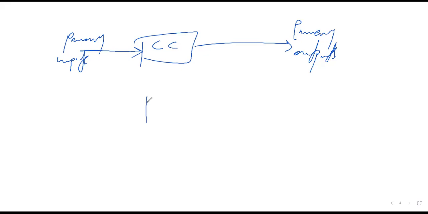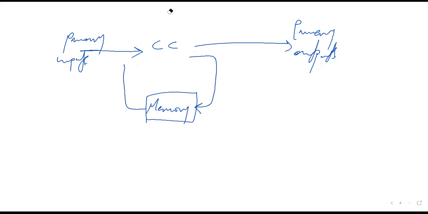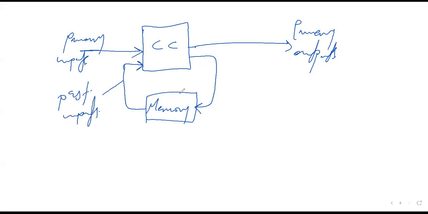When we talk of a sequential circuit, though, we insert what we call a memory. Now you have past values of the inputs. So the memory holds values like this, and now you have the combinational circuit. Now I have these inputs here. Now this becomes my past inputs because they are coming from the memory right here.